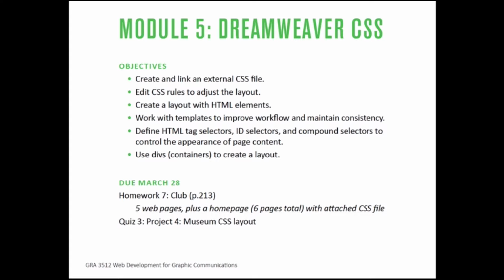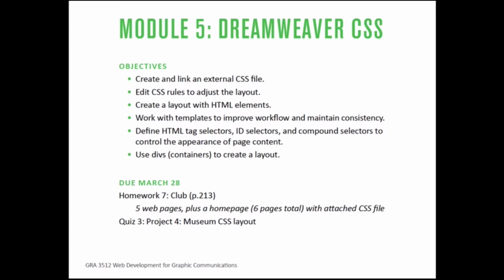So what is due this week and in this module? March 28th is Homework 7, the club project, and the directions are on page 213 in your textbook. You can also look carefully at the assignment sheet on the course page for Homework 7. This is going to be a site that you design from the ground up.